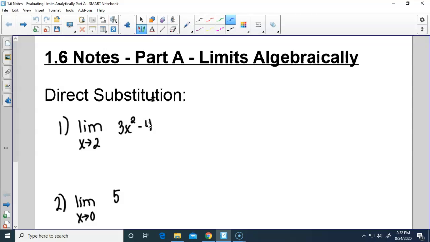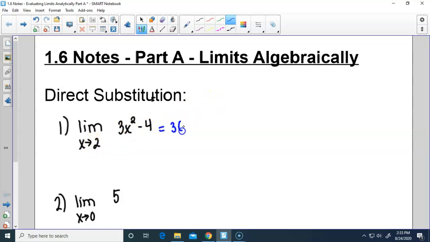So whenever we need to find a limit, the first thing we're always going to do is plug in the number, because if we can plug a number into the equation and it gives us an answer, then that is the answer. So for example here, I'm just going to plug that 2 right in there for that x.